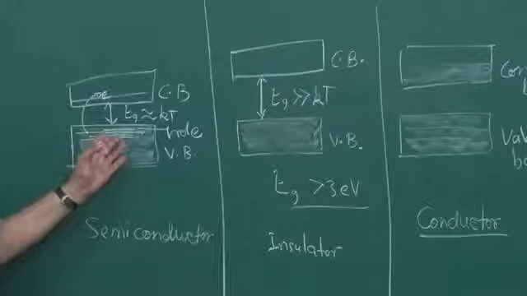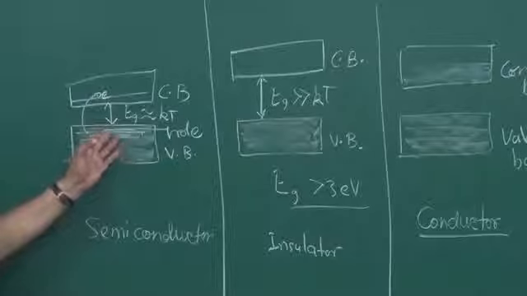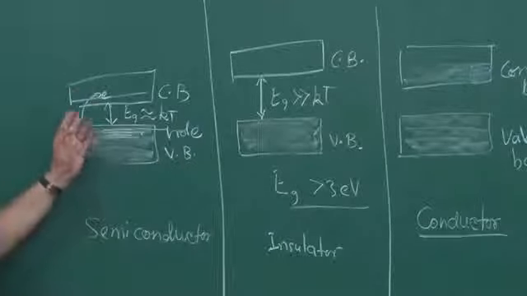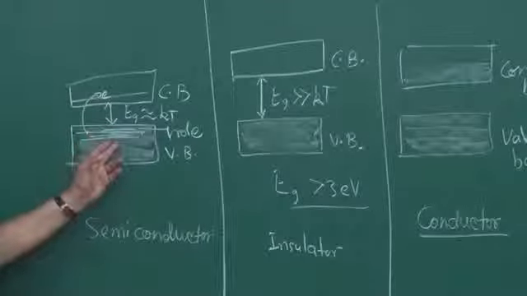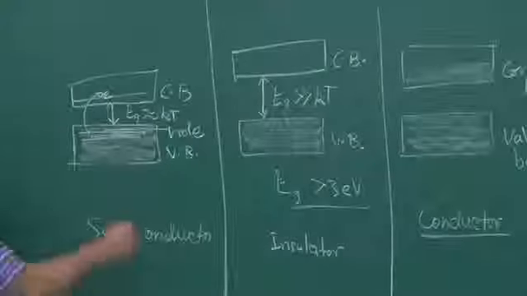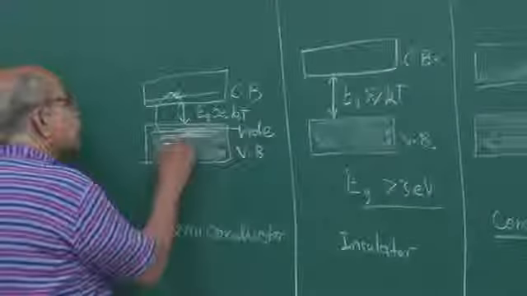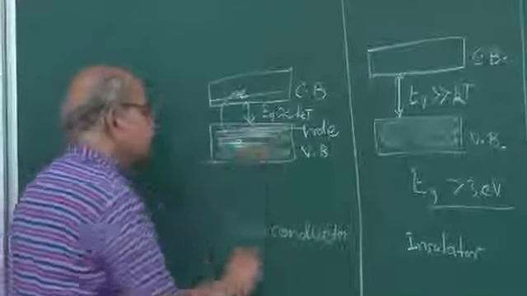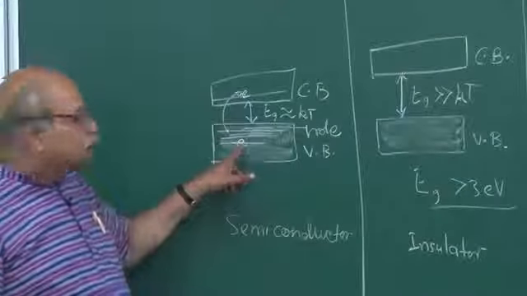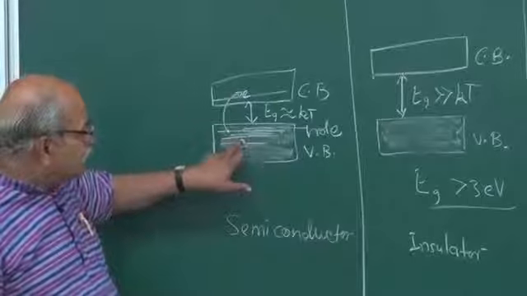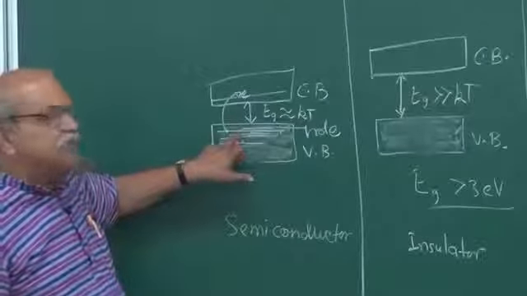since now there are some quantum states here which are empty, electrons have gone, if you apply an electric field and you have an electron here, in this neighborhood you also have an empty quantum state.